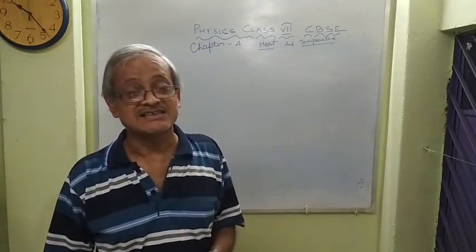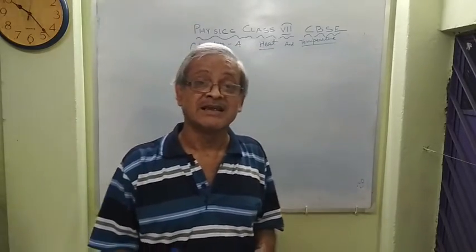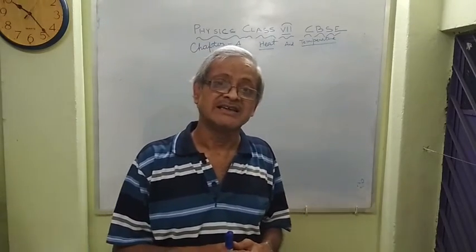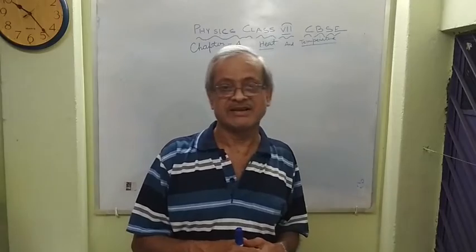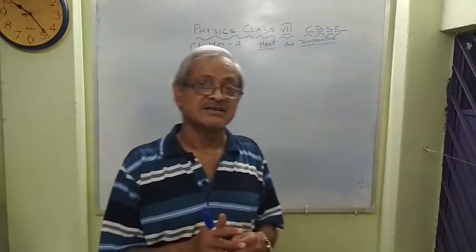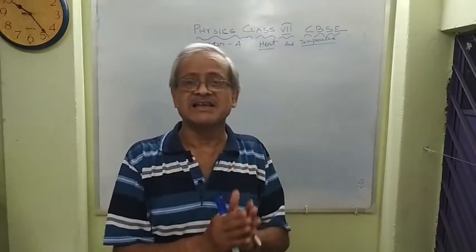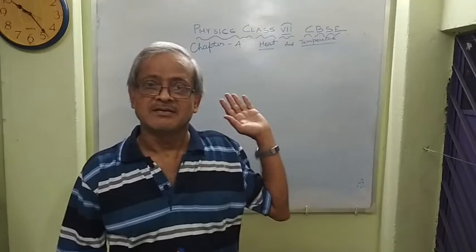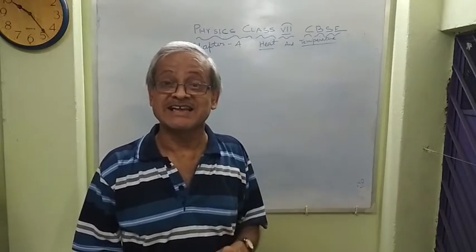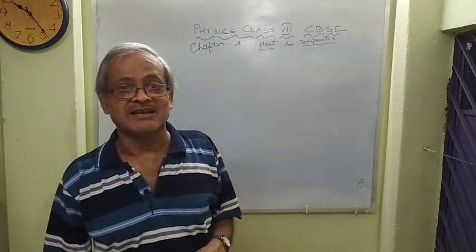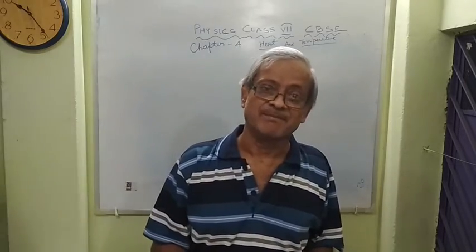Mercury is used as a thermometric liquid because its melting point is minus 39 degrees Celsius and boiling point is 357 degrees Celsius. It is obvious that a fairly large range of temperature can be measured with the help of a mercury thermometer. Also, pure mercury is obtained easily.